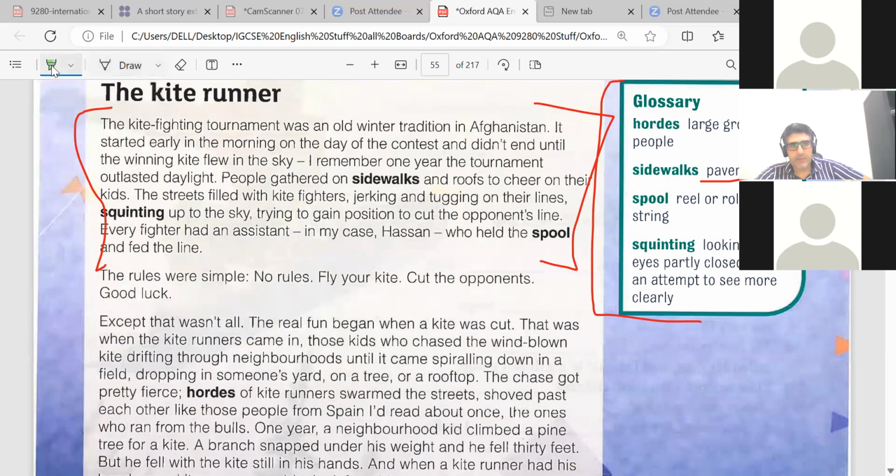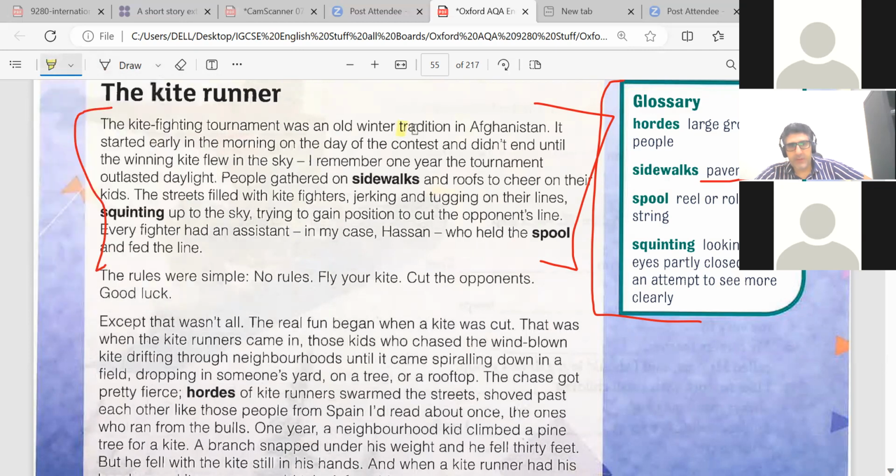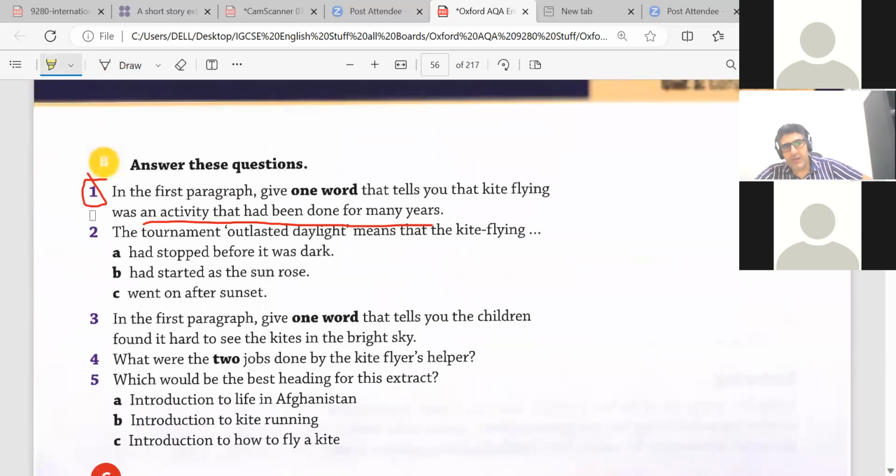Old. So yes, you were right, Akram. You were right. Tradition. Tradition. And the man told you an activity. See what he told you, there. An activity that had been done for many years. Like, for example, in Saudi traditions, wearing what? Thobe and Ghutra.